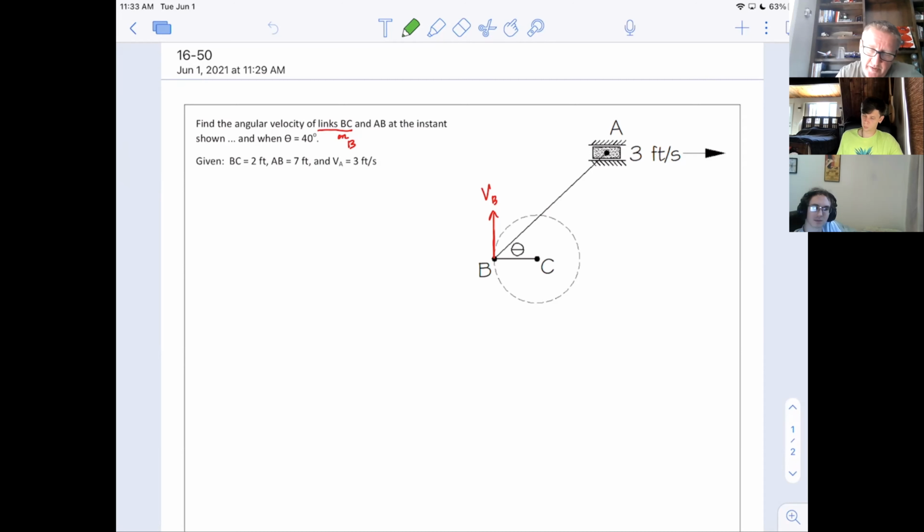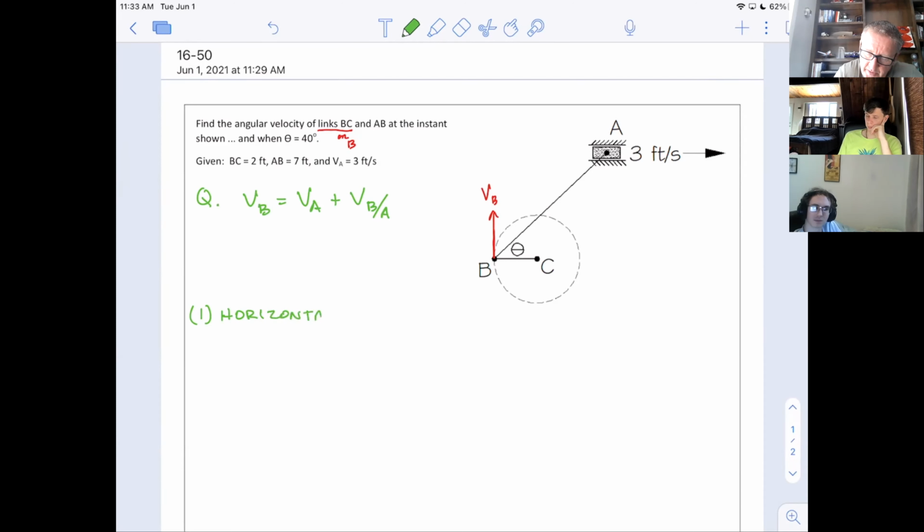So A is the driver. Therefore, our question really comes down to what's the velocity of B? And we said that's the same as the velocity of A plus the velocity of B as it rotates around A. That's really our fundamental formula. Great. And so let's take a look first at the horizontal.